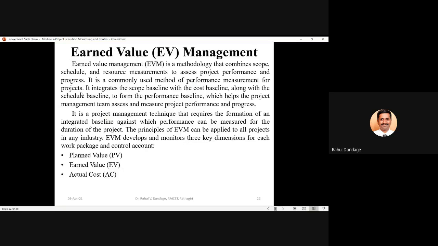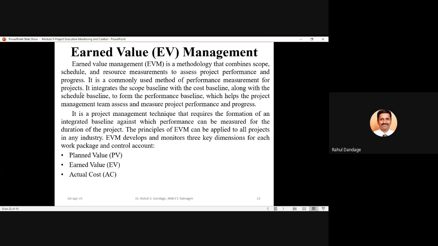Earned value management, EVM, is a methodology which combines scope, schedule and resource measurement to assess the project performance and progress. Basically, the three major aspects of any project are the scope of your project, the schedule of your project, and the resources required to complete the project, and measuring those resources.